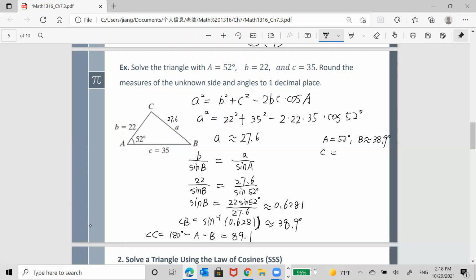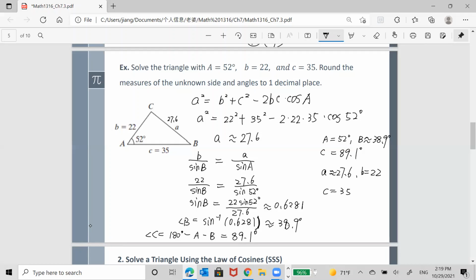Angle C is, don't forget degrees here, 89.1 degrees. And side A is 27.6. Is that accurate? No, this is approximate. And B equals 22 is given. C is 35. So that's how we find the values.